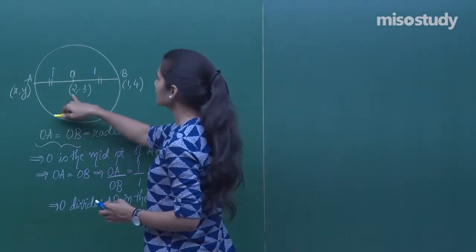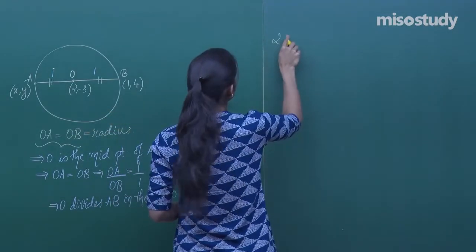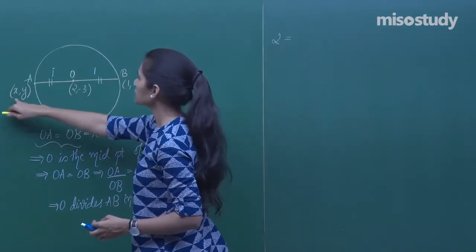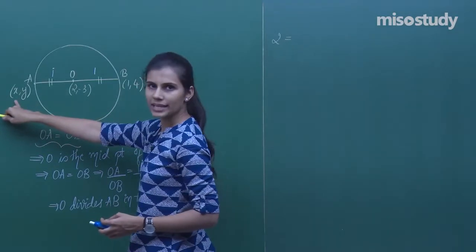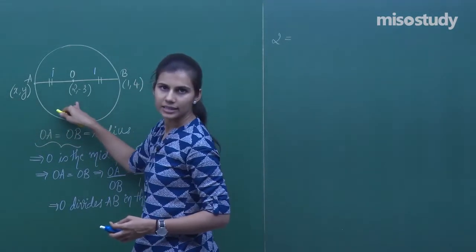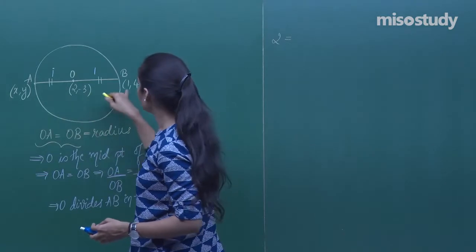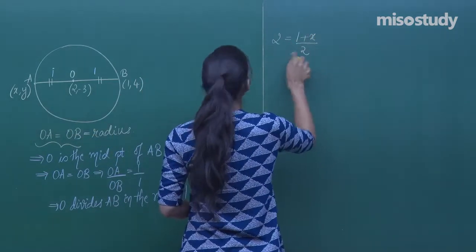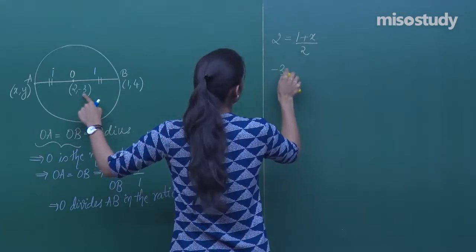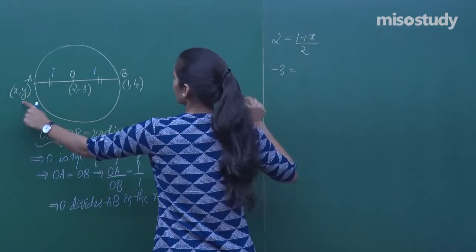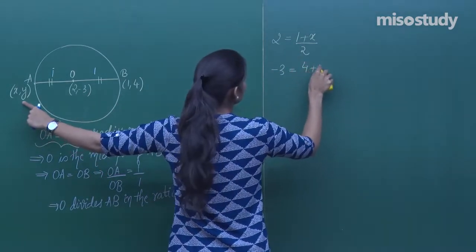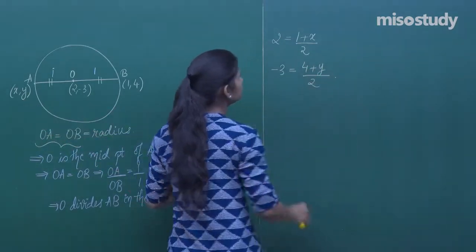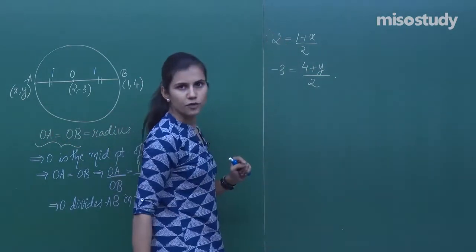You should know that the x coordinate of the midpoint is equal to the sum of the x coordinates of the two extreme points of the line segment AB, whose midpoint is O. You add 1 with x divided by 2, and the y coordinate of the midpoint is equal to the sum of the y coordinates here, that is 4 plus y divided by 2, by the section formula, right?